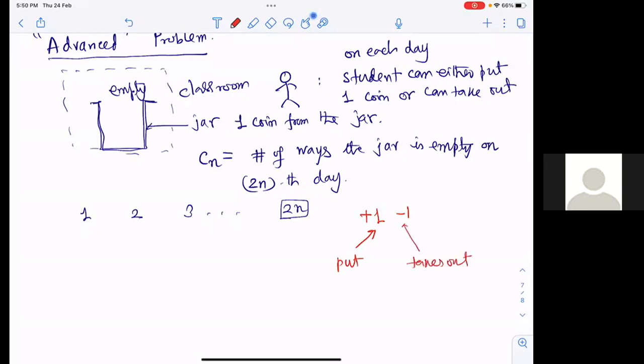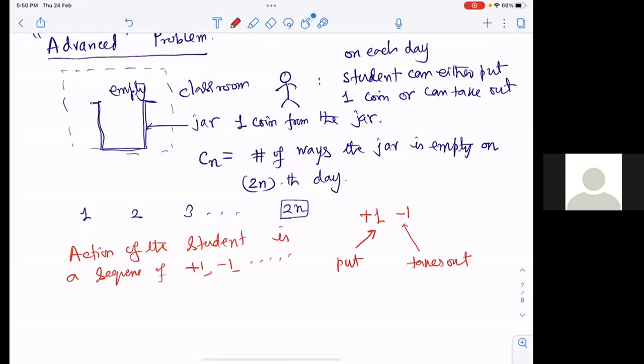So the action of the student is a sequence of +1 and -1. Is the problem clear? So the question is how many ways these things can happen.